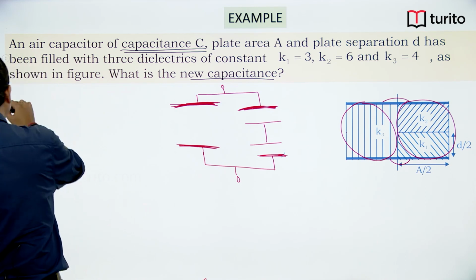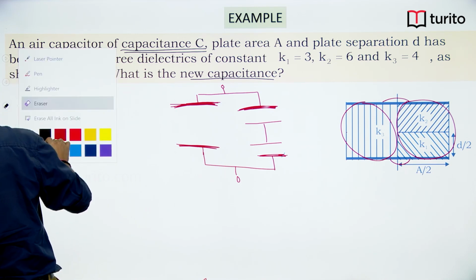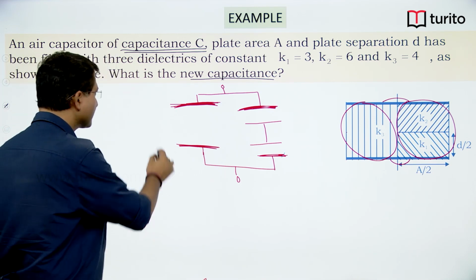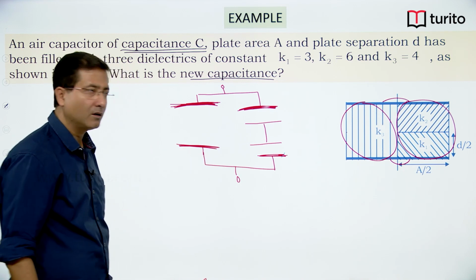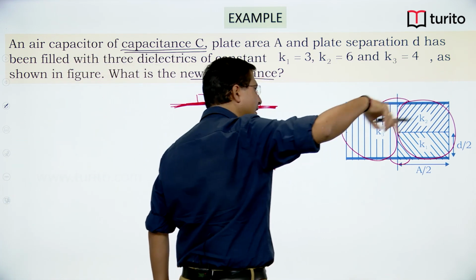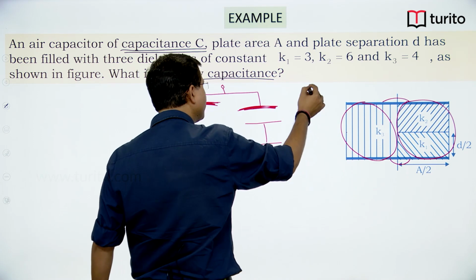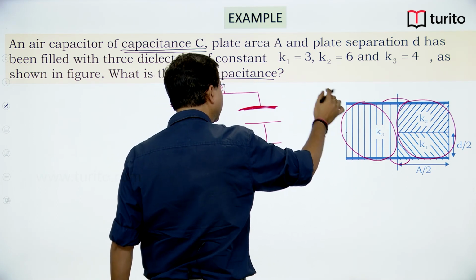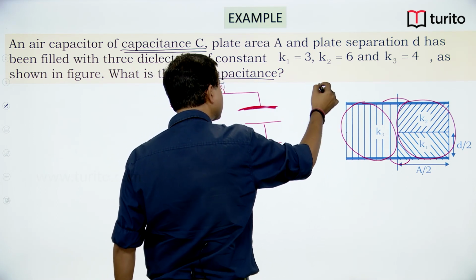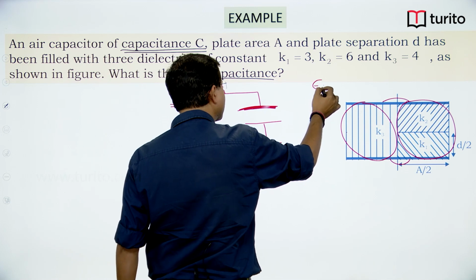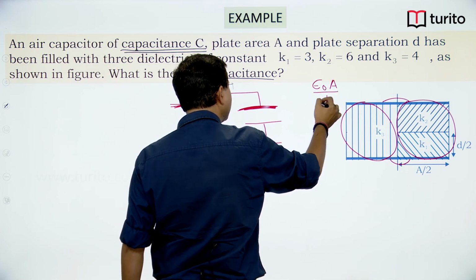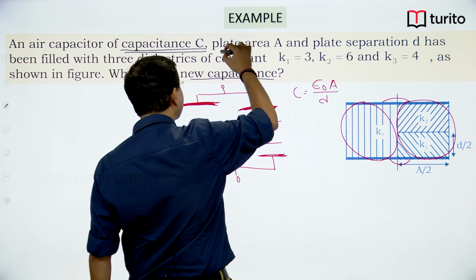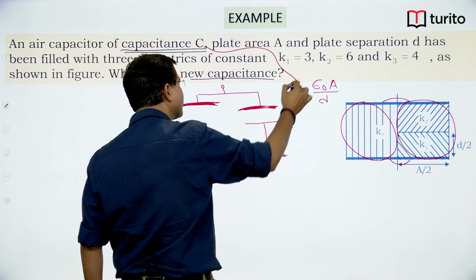and I ask what is the capacitance of the arrangement. What is the capacitance of this one? If the whole thing without dielectric has capacitance C, that means epsilon naught A by D is C. This is the C I am talking about.